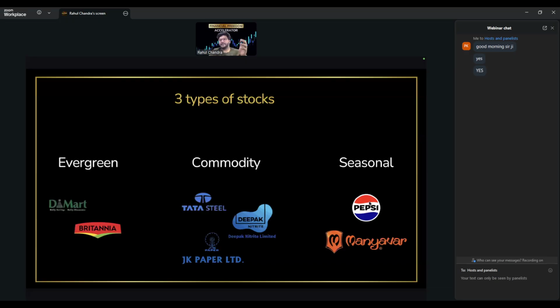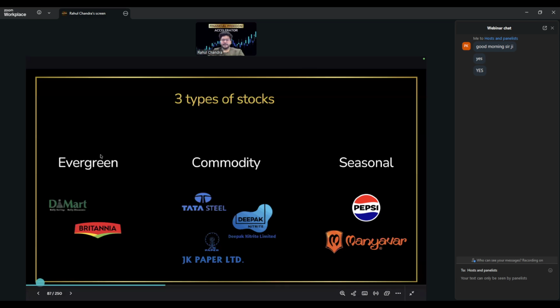So, for example, when do you have more Pepsi? In summers, right? When do you think Manyavar makes more sales? In July or in December? Wedding season, festive season, correct? So, these are the two different types of stocks.